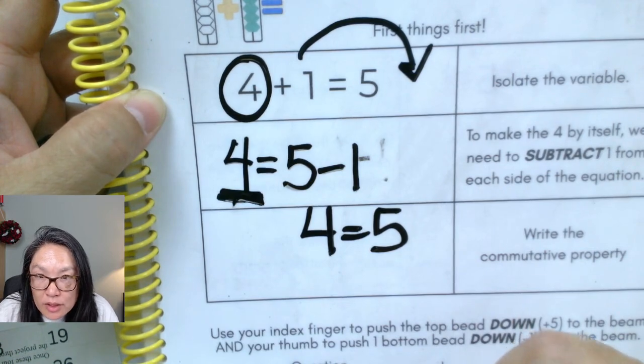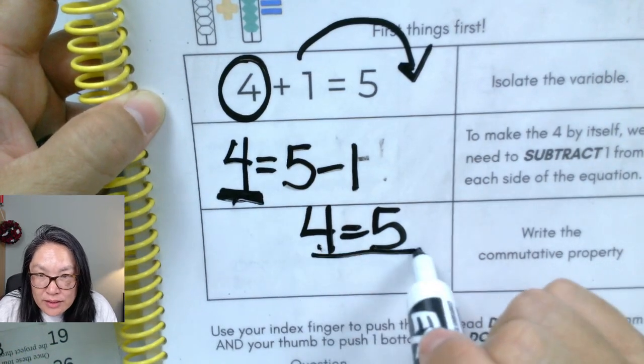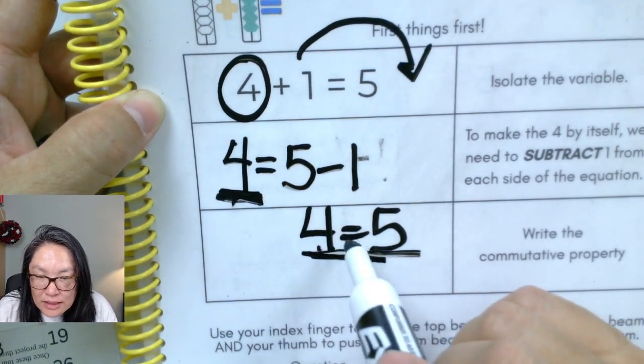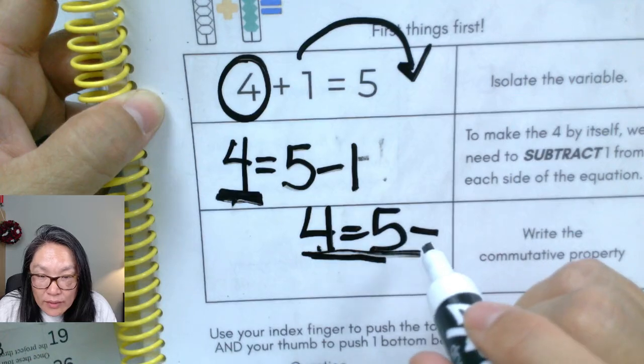I'm just waiting. So Copper, if I want to balance this equation, how do I balance this equation? If this is 4 is equal to 5, I have to take away the 1.